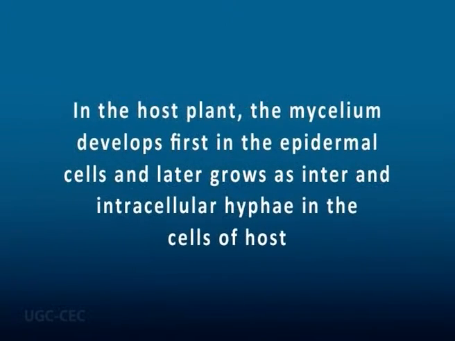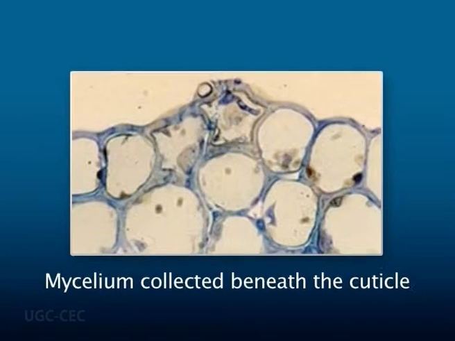In the host plant, the mycelium develops first in the epidermal cells and later grows as inter and intracellular hyphae in the cells of the host. The thick-walled hyphae finally collect beneath the cuticle and become compacted to form a black structure called stroma.